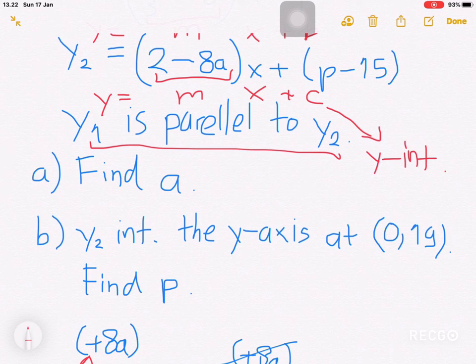Well, for our coordinates right here, the 0 doesn't really help because it's pretty obvious where it intersects. However, this 19, this c must be equal to 19, and therefore this c must be equal to this. So we can just set p minus 15 equals 19.